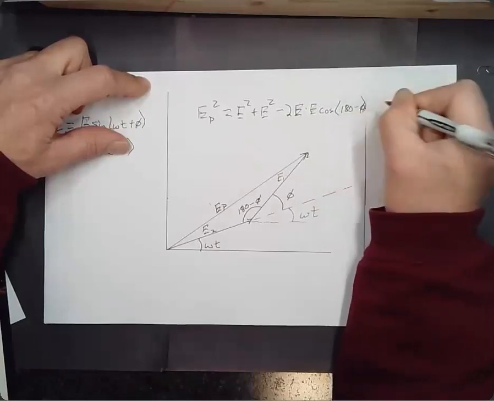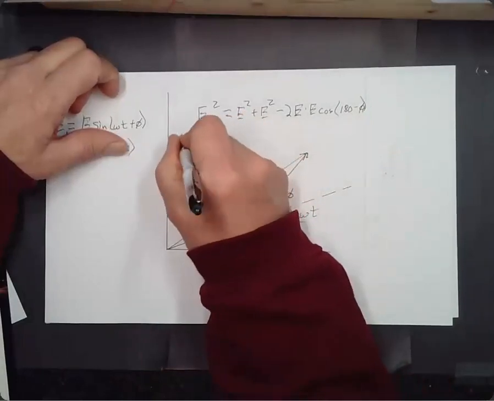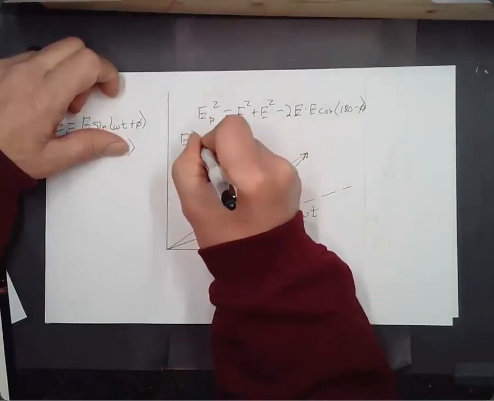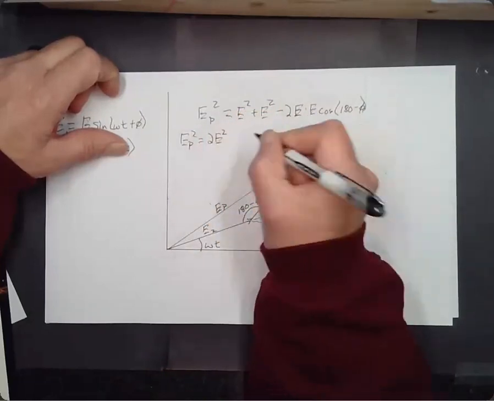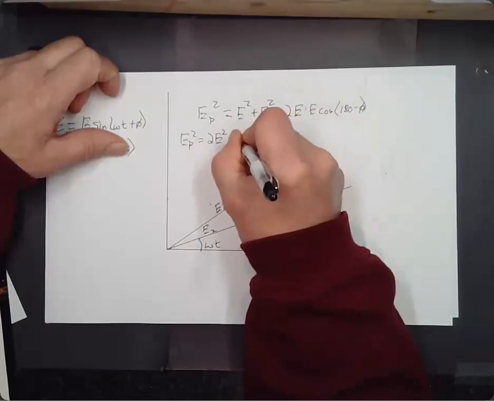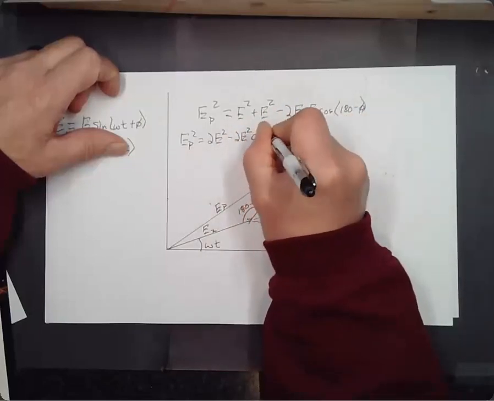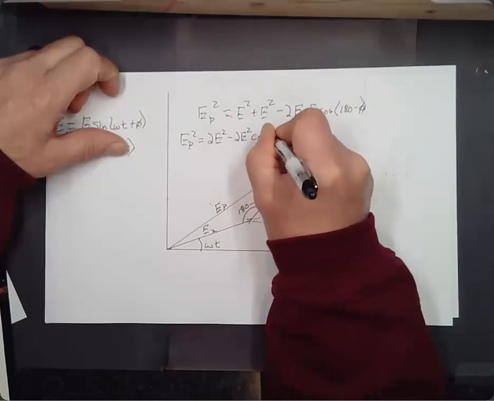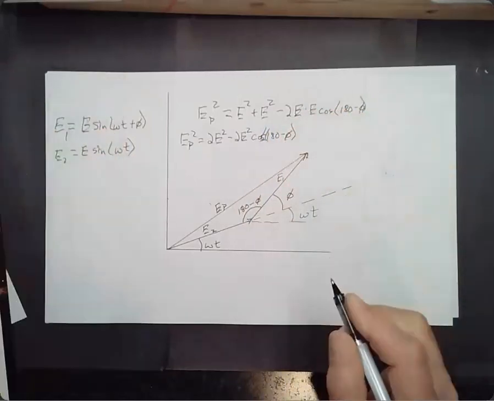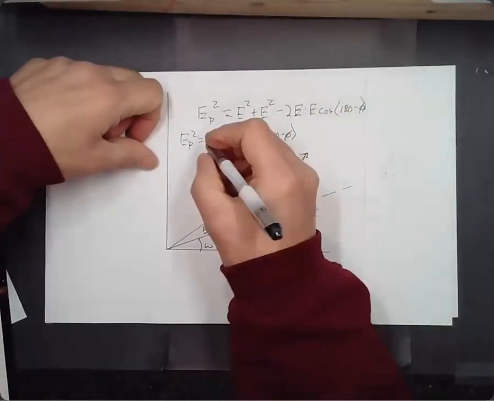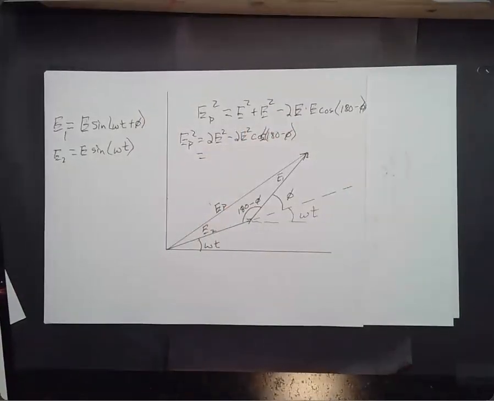Whoops, ran out of paper. All right, well, I can shorten this a bit. E sub p squared is going to equal 2E squared minus 2E squared cosine of 180 minus phi. Well, that looks like 2E squared out front to me, I think.